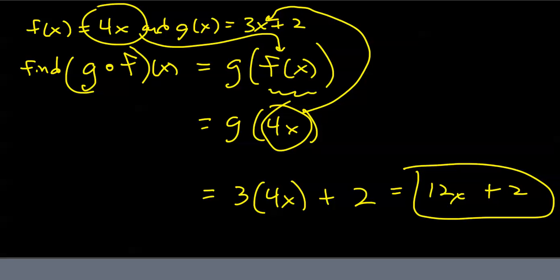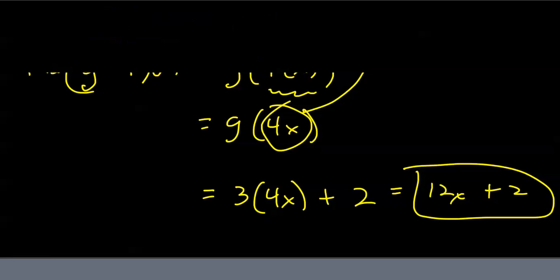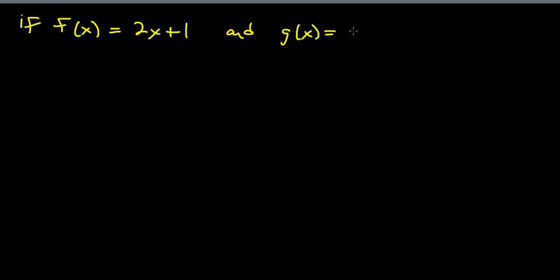Let me get a fresh screen here. Alright. Let's work with two new functions. If f of x equals 2x plus 1 and g of x equals x minus 4.